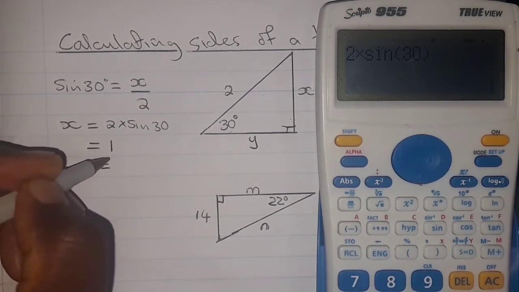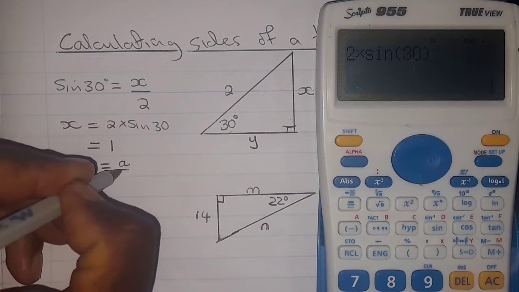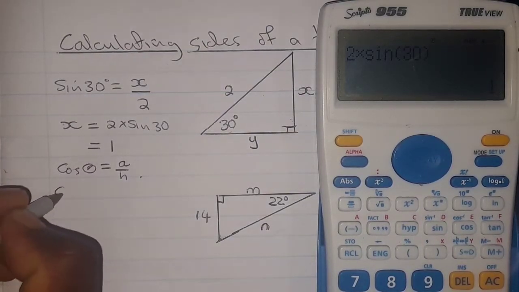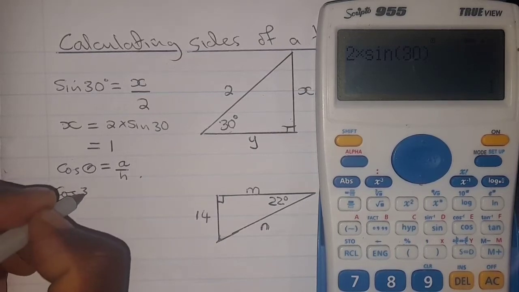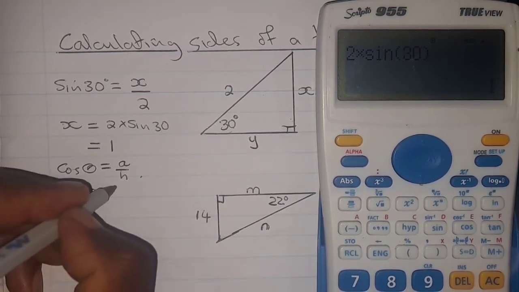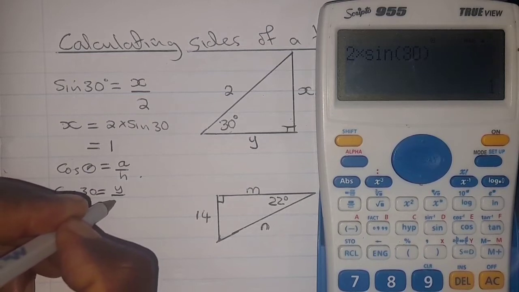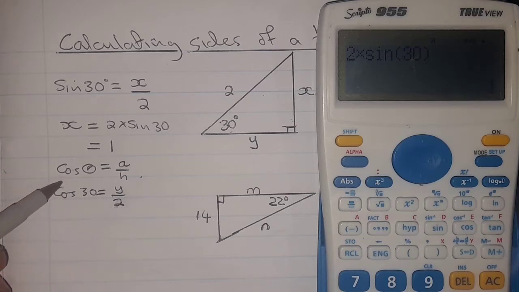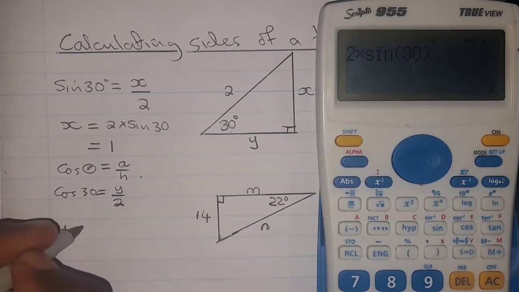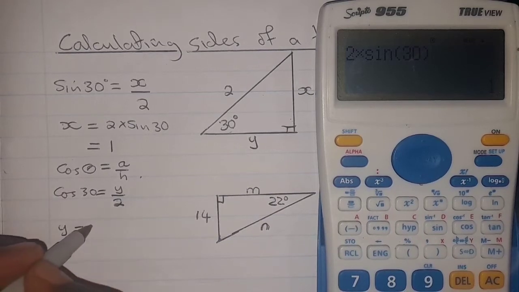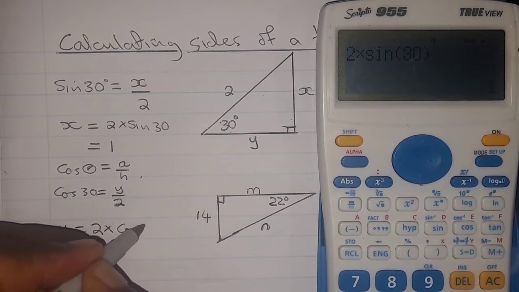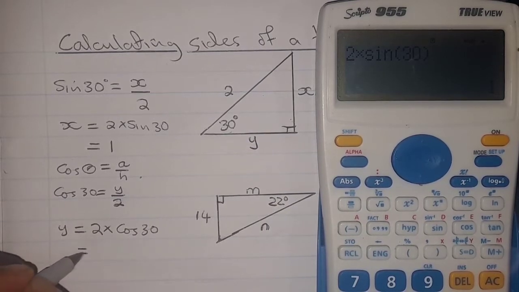So cos theta is equal to adjacent over hypotenuse, right? So we have cos 30 is equal to y over 2. Y over 2, and we take our 2 to the other side. We are going to have that y is equal to 2 multiplied by cos 30.